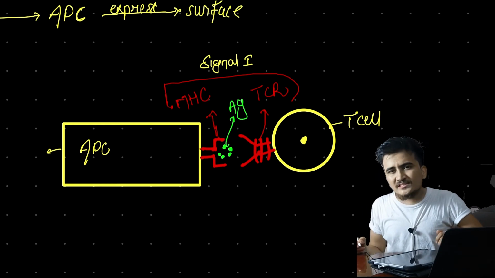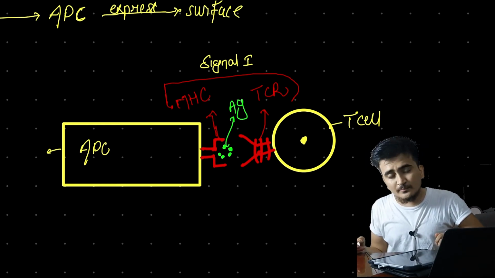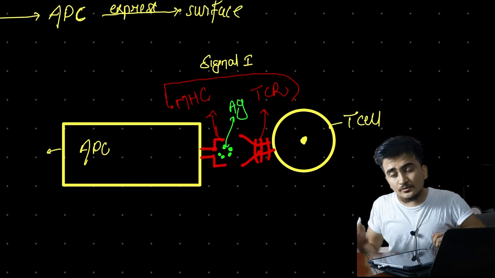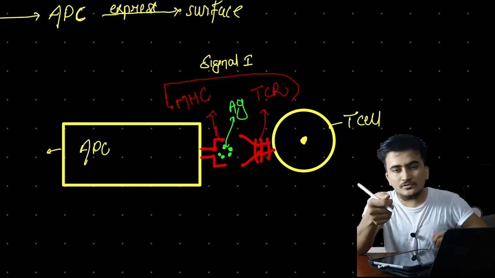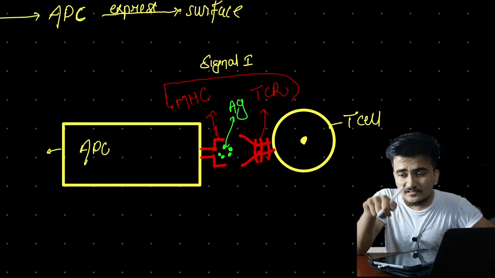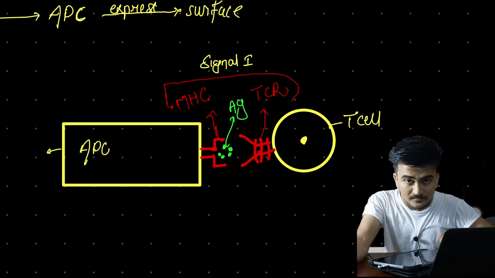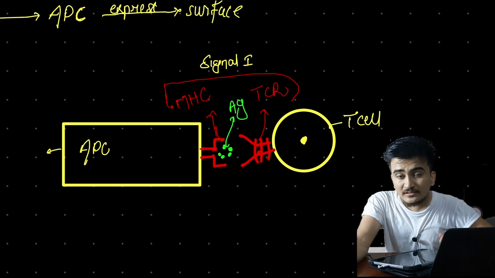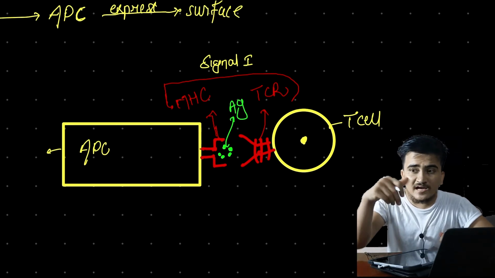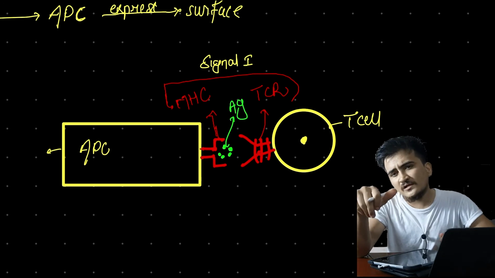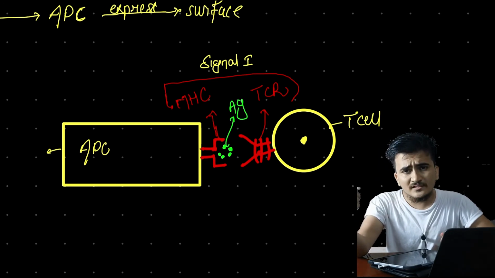That means you are starting a motorbike, and in that motorbike you initially insert the key, right? Just by inserting the key, the bike will not start, right? To start that bike, the next thing we need to do is either press the self start or kick it, and then only the bike starts.